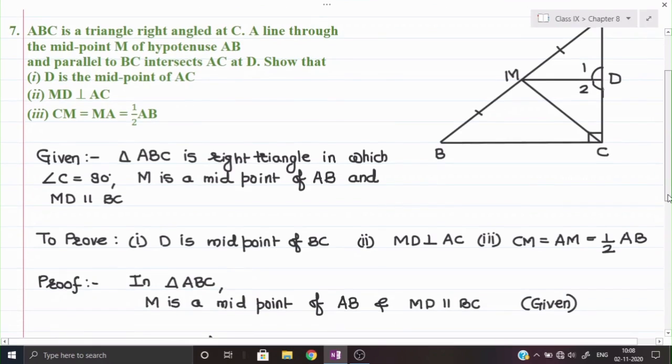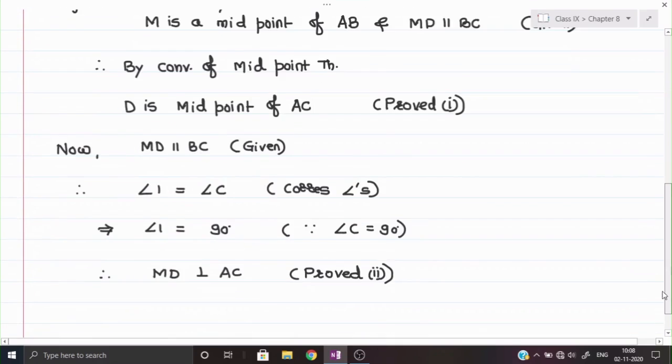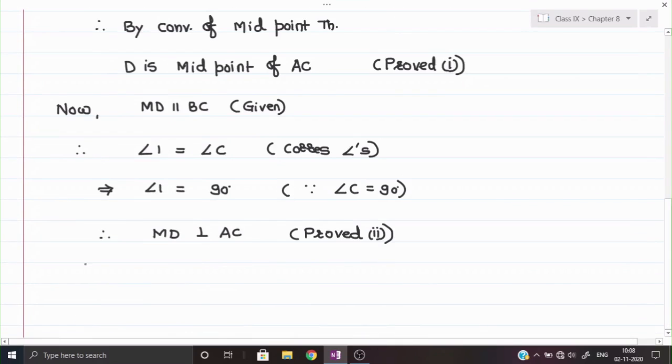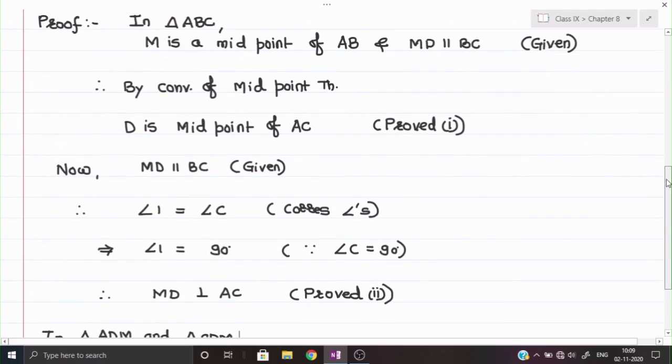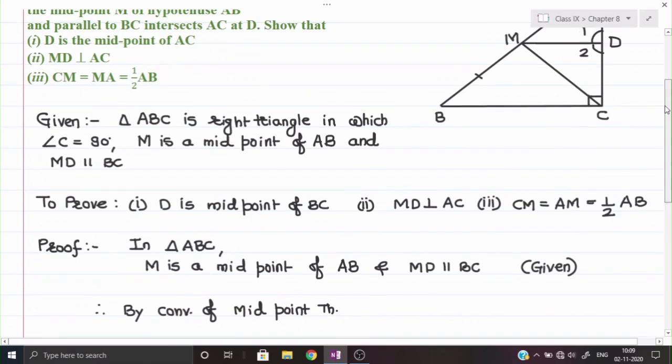So let us see in triangle ADM and triangle CDM. Now we shall write down in triangle ADM and triangle CDM. Okay, first we are going to mention here. See, I have not drawn the figure here, so please see the main figure only.